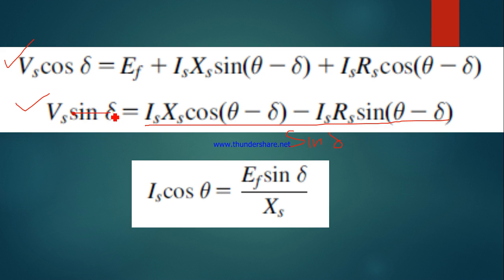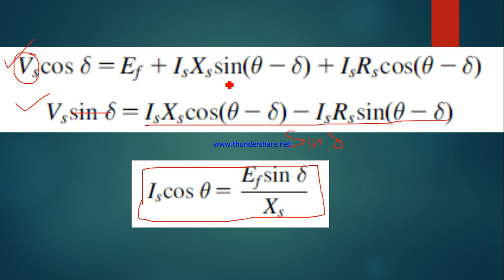Now that value if you put here, that means in place of Vs, if you put ISXS cos theta minus delta minus ISRS sine theta minus delta by sine delta, and if you simplify, you will get a thing like this.